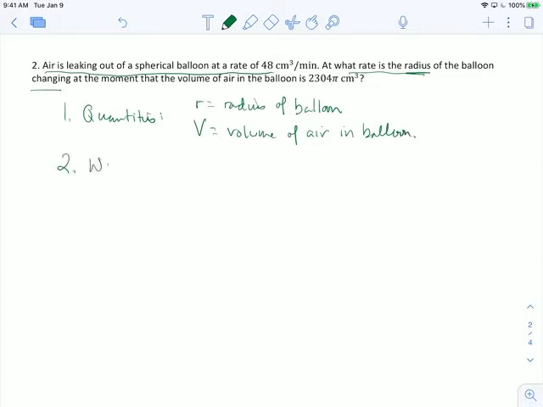What do we want? Well, we want to find the rate of change in the radius. So we want dr over dt when the volume is 2,304 pi cubic centimeters. What do we know?